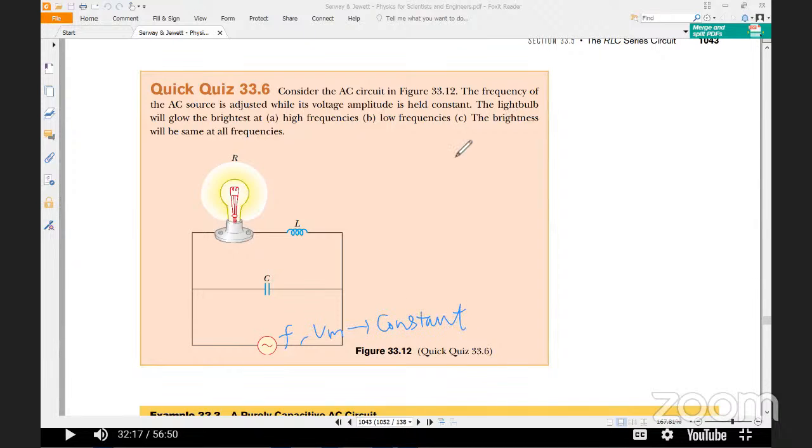Now the light bulb will glow the brightest at. Jadi kapan bola lampu ini menyala paling terang? In high frequencies, low frequencies, or the brightness will be the same at all frequencies.